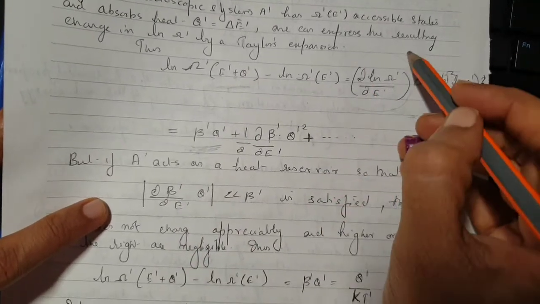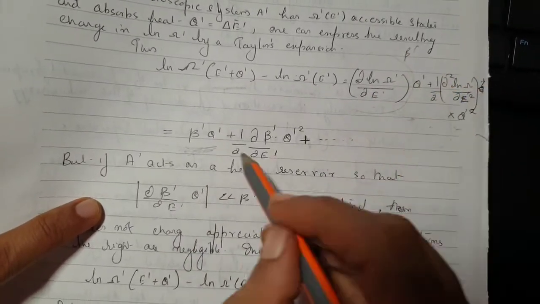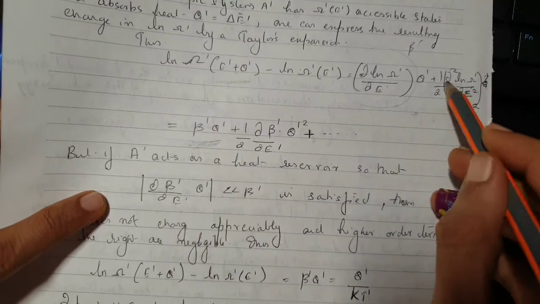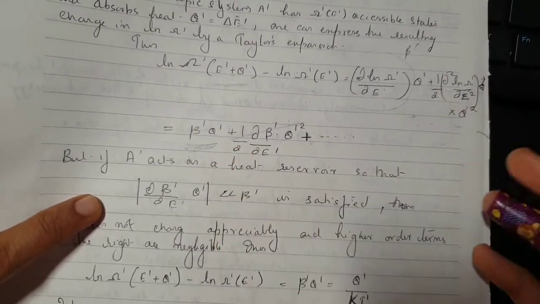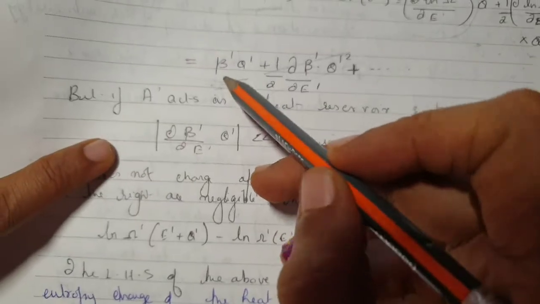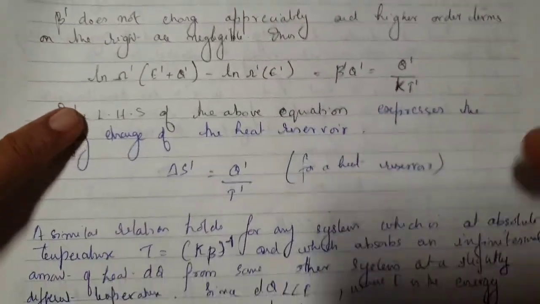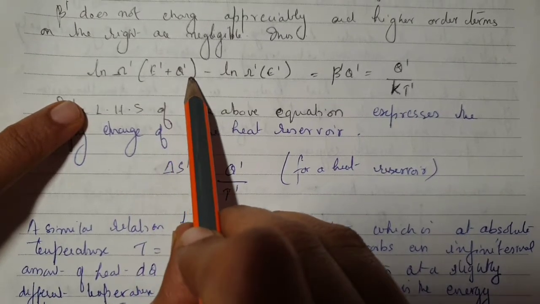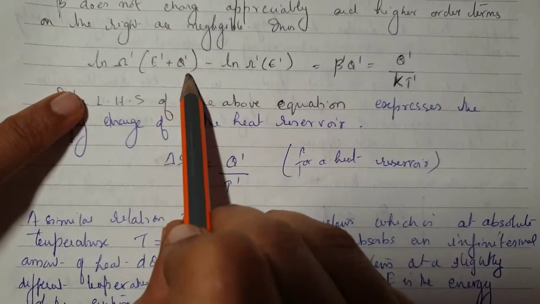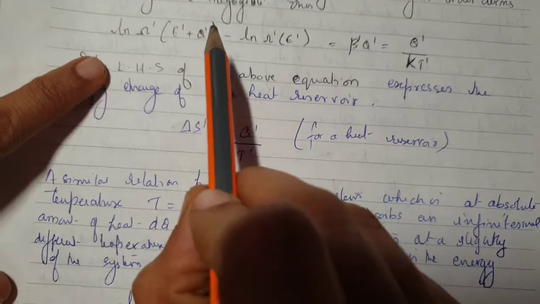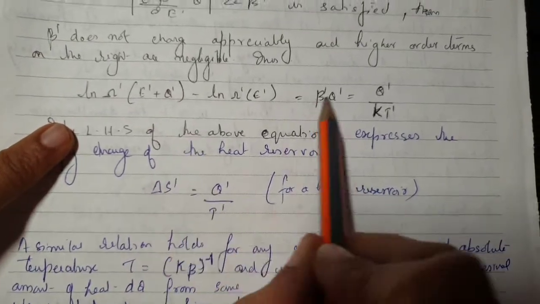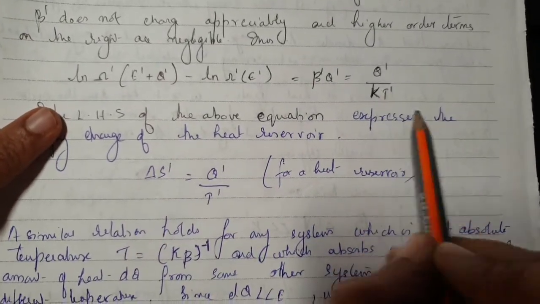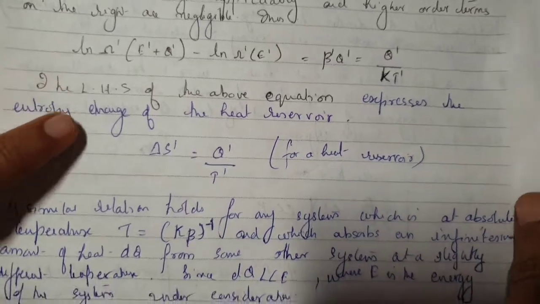Except for the first term, all the other terms I can cancel off because they will be very small compared to the first term. So you get the equation ln omega dash of E dash plus Q dash, all pertaining to the system A dash, that is the hot cup of tea, equal to Q dash by kT dash.